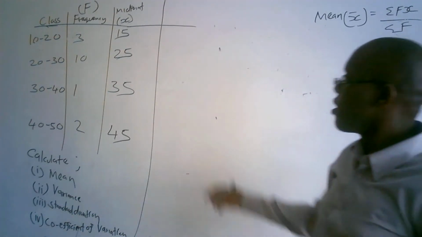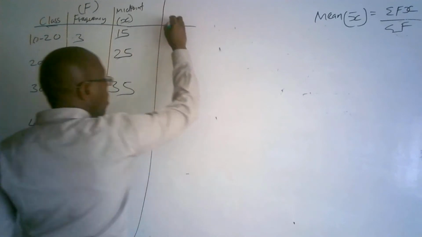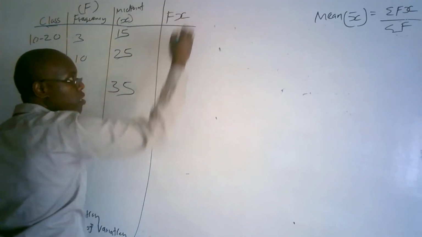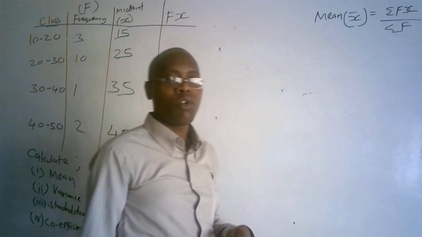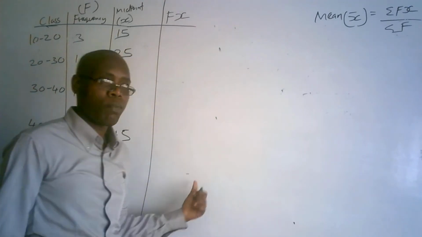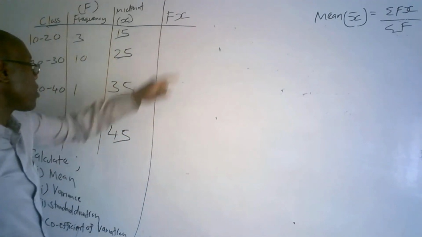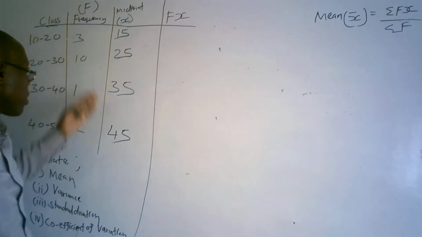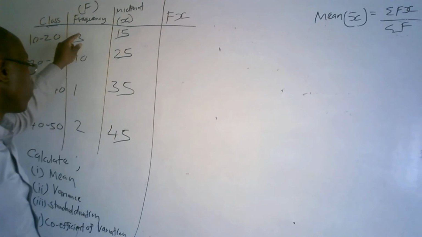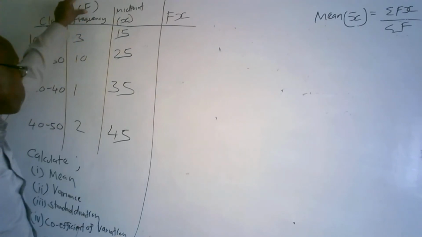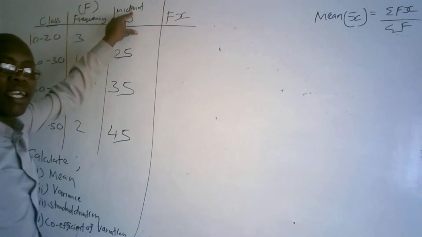So the next thing that we are now going to have is fx. You know the formula. This formula is the guiding principle that guides us to know how to prepare this kind of particular table. So fx is just going to be f multiplied by x.